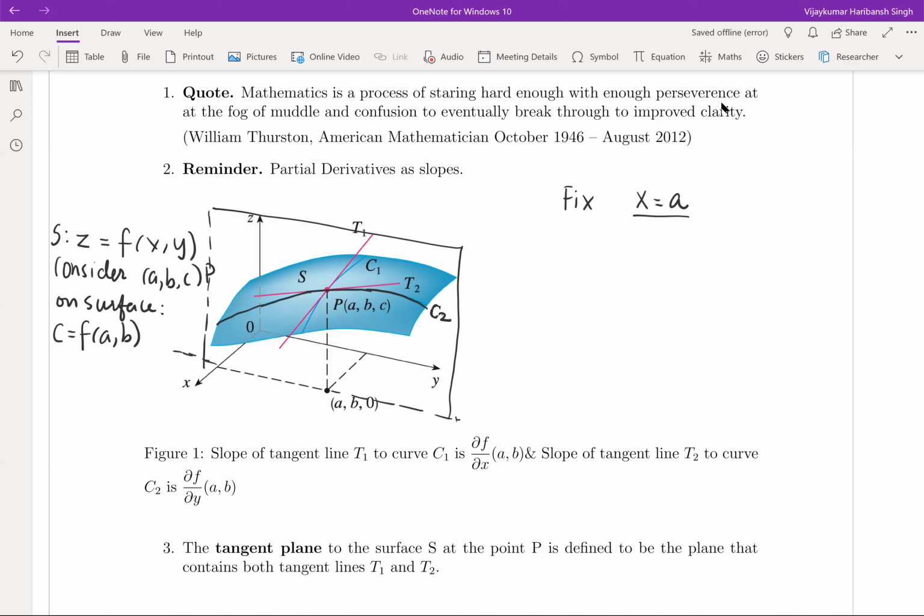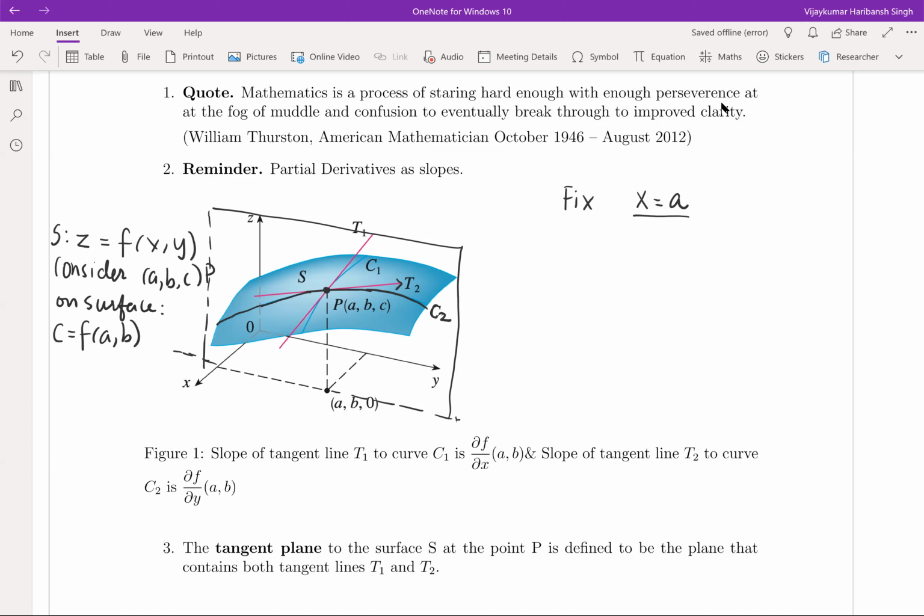So at point P(a, b, c), we will have a tangent line to this curve. Let's call that line, the tangent line, T2.